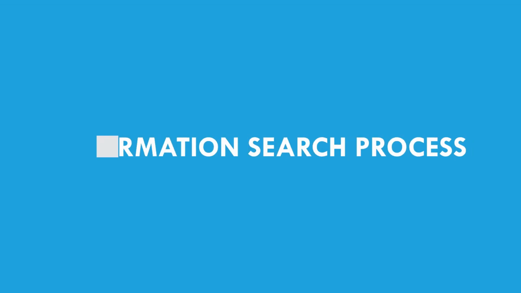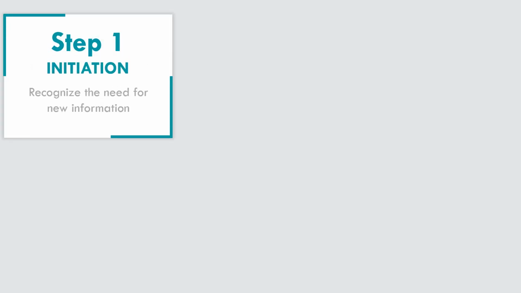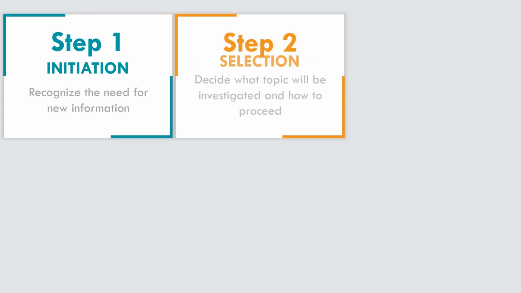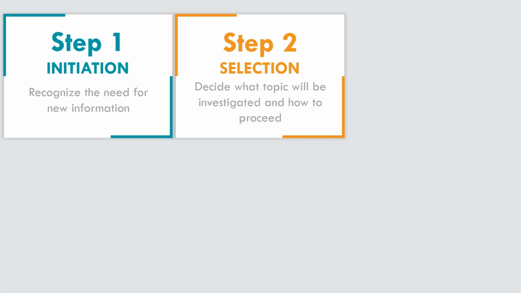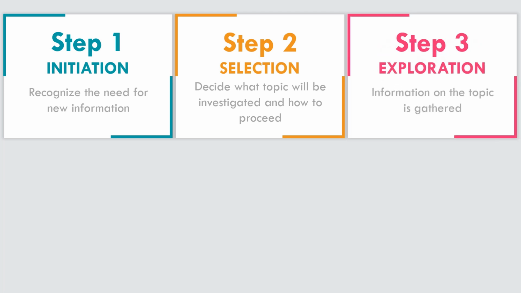Let's go through the information search process. There are 6 steps. Step 1. Initiation. We recognize the need for new information. Step 2. Selection. We decide what topic will be investigated and how to proceed. Step 3.